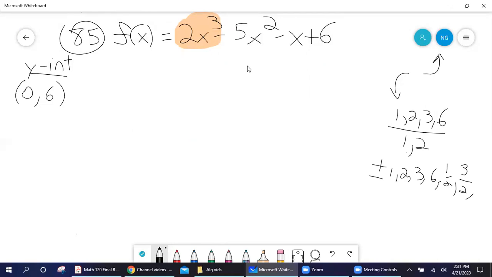I've got to start guessing and checking by either plugging them in for x or synthetically dividing. I will tell you that -1 does work. So maybe you tried 1, it didn't work. You went to -1, it worked. Maybe you tried a different one and it worked, that's fine. But I know that -1 works. That means I can synthetically divide to crunch this polynomial down.